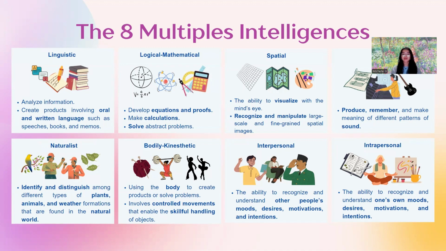Next is spatial intelligence, and it is the ability to visualize with the mind's eye, to recognize and manipulate large scale and fine-grained spatial images. Upon reading about this intelligence in the first place, it was a bit vague and ambiguous, but my understanding of this intelligence is that it characterizes people who are able to comprehend images and scales.